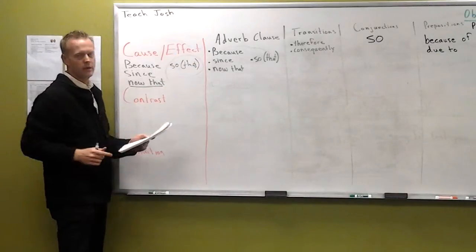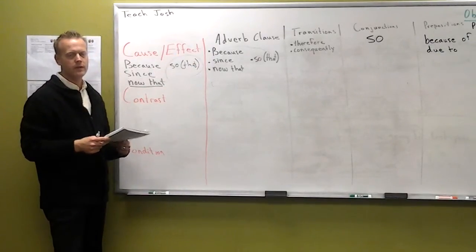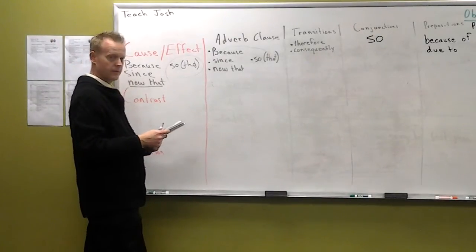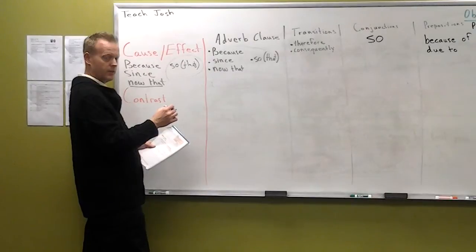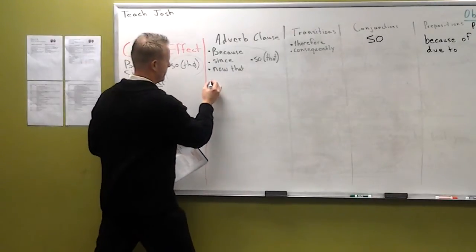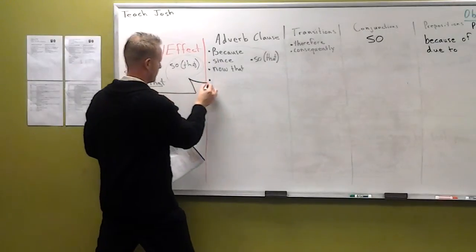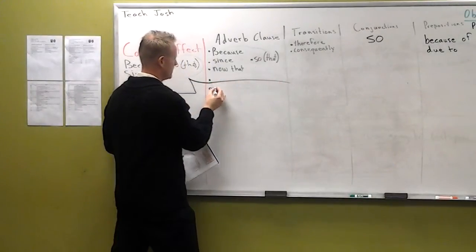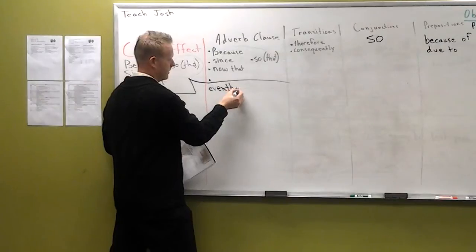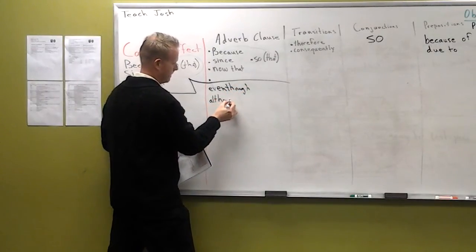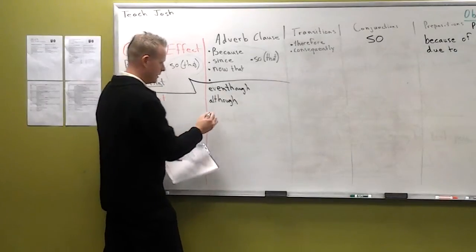What adverb starter words can we use for contrast, according to the chart? Even though. Do you see it out there? Although. Yeah. So we can use even though, although, good, and though.